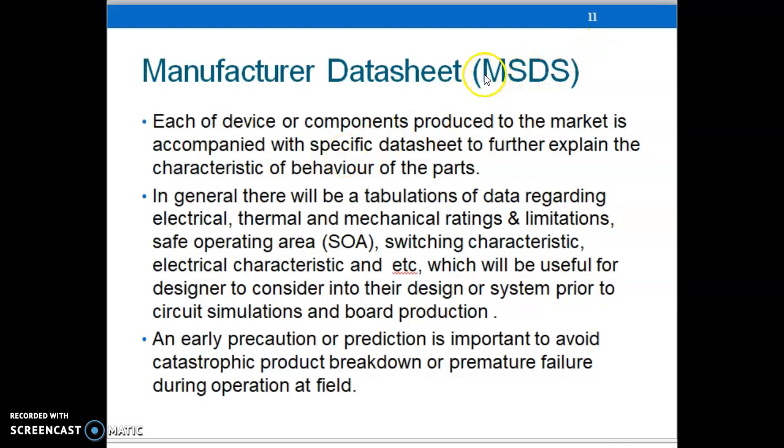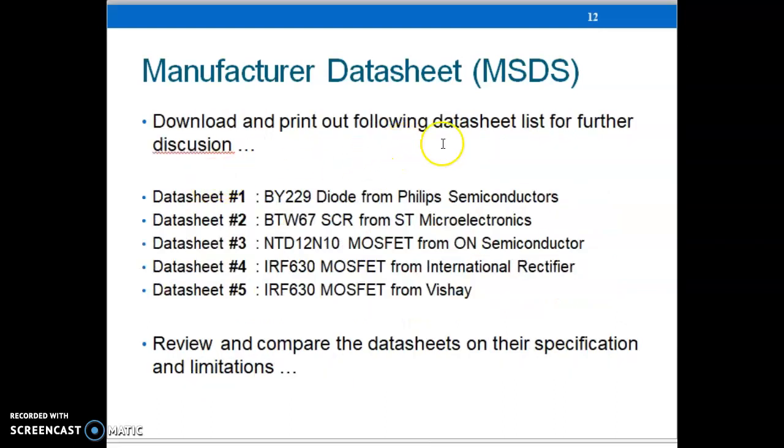The most important reference that we have to put into our technical design is the manufacturer datasheet, MSDS. Each device will come with its own datasheet. Maybe different manufacturers have the same part number or reference number and same application, but the device itself will have its own limitations. So you have to take care of this consideration.